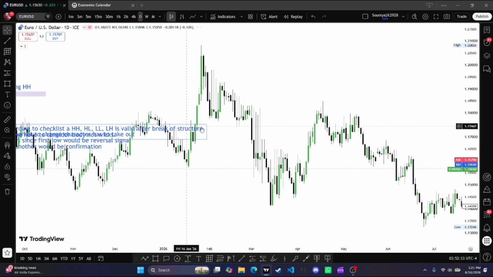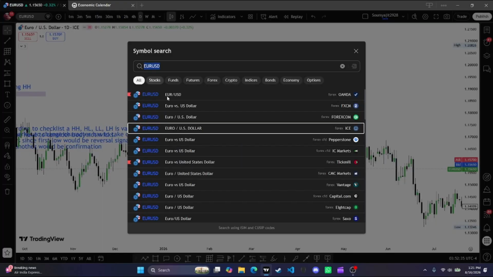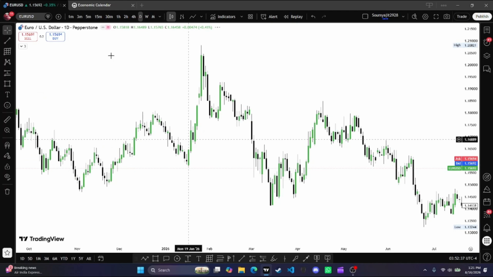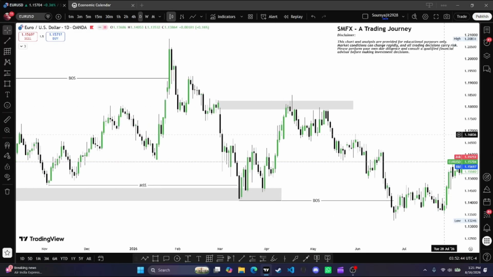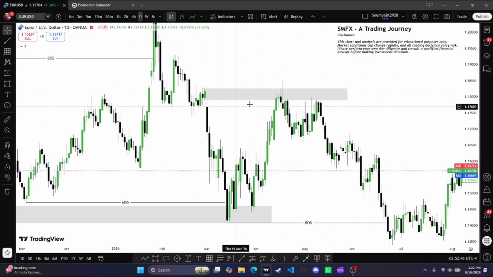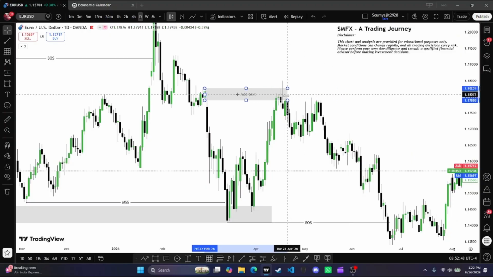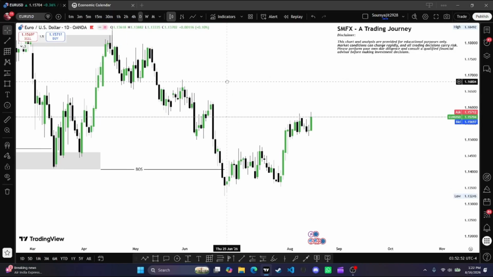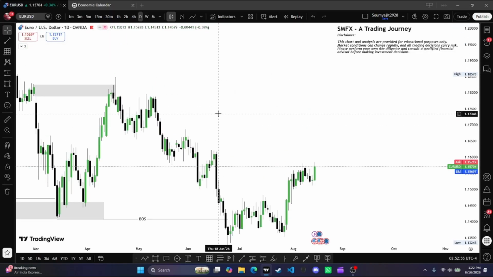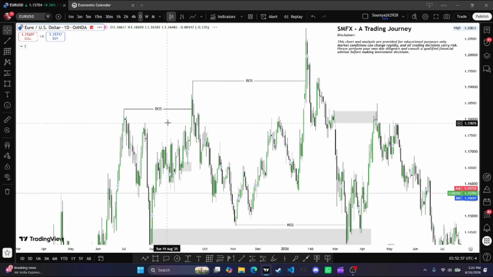Different brokers have different colors and different wicks and stuff. So not everything will be under your control, so of course you have to watch for that. That's why I personally use just the imbalance and rejection, because it doesn't need any kind of color. All right, so there goes that.